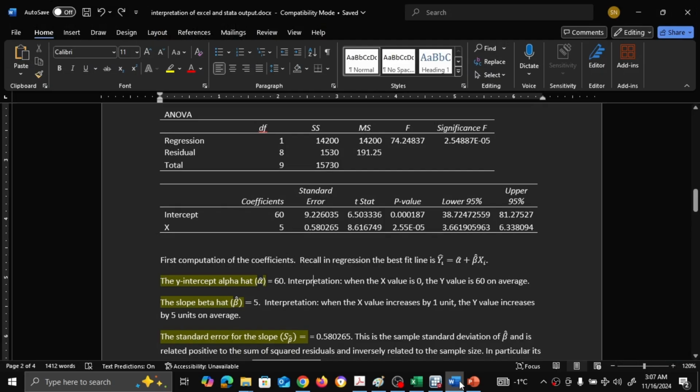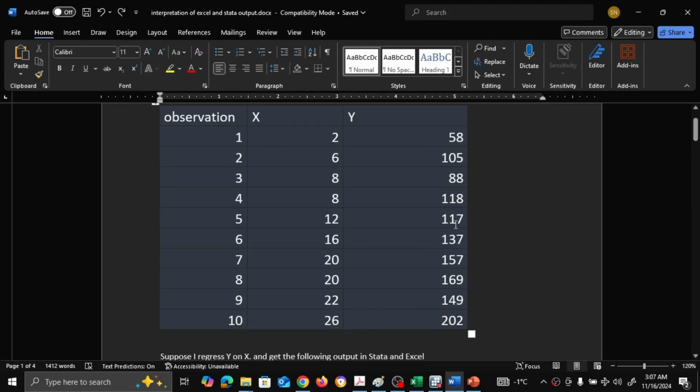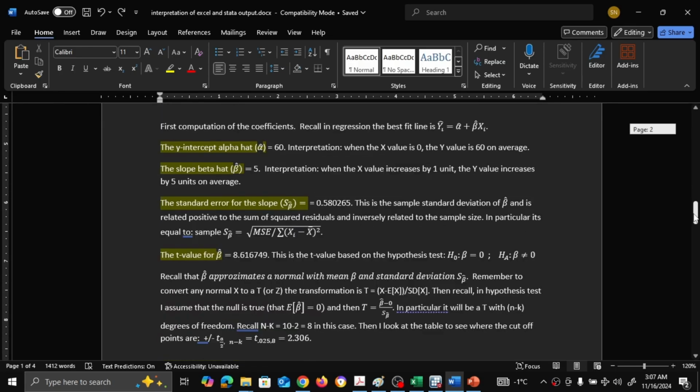Actually, the program estimated some stuff for us, that the y-intercept is 60. And it makes sense because there are very big y values and very small x values. So the intercept is 60, and the slope is 5. That means a 1 unit increase in x will increase y by 5 on average.